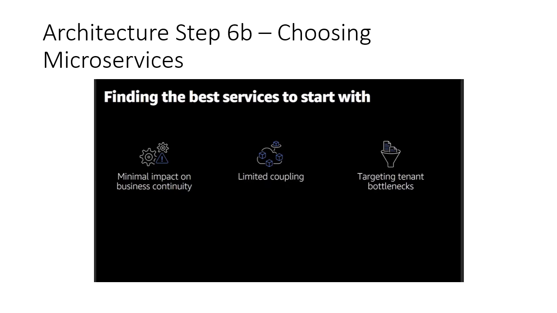Minimal impact on business continuity. You don't want a microservice to fall over all the time. You don't want it to be a critical microservice when you're first starting out, when you're first creating microservices. When you first start, you want to start very small, with something that's not critical if it doesn't work properly.